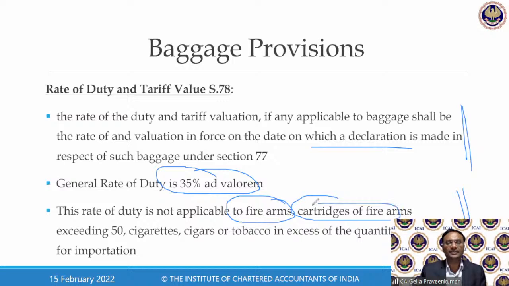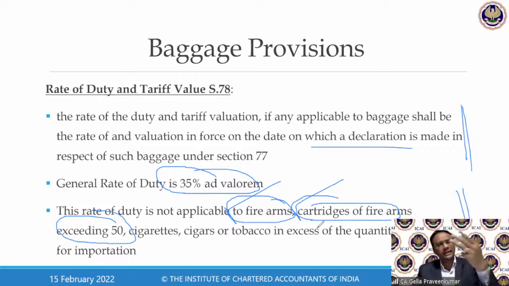Cartridges of firearms, your bullets, exceeding 50. So there are few instances where firearms are permissible. Cartridges are permissible. So why are they permitting? Probably you have a license. You have a license to carry a firearm. You are a public celebrity. And as part of that, you are supposed to carry this particular thing.